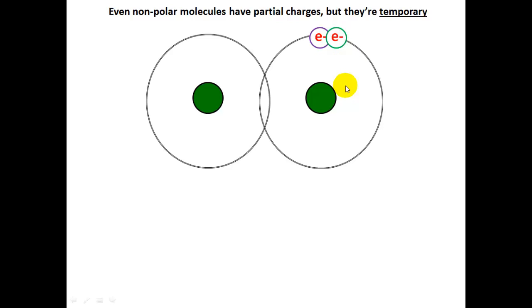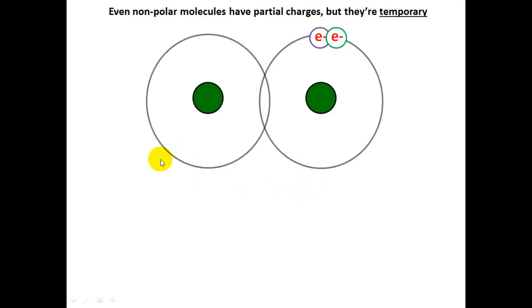And when that happens, check out what just occurred with this molecule. You have the electrons kind of bunched up on this right-hand side of the molecule, and you have no electrons over here on the left-hand side of the molecule. This is temporary though, so this charge that has just formed, so that there's now a partial charge on this right-hand side of the molecule, a partial negative charge.